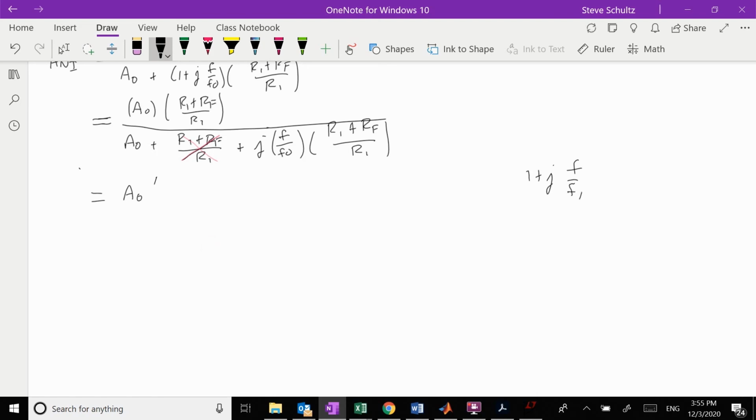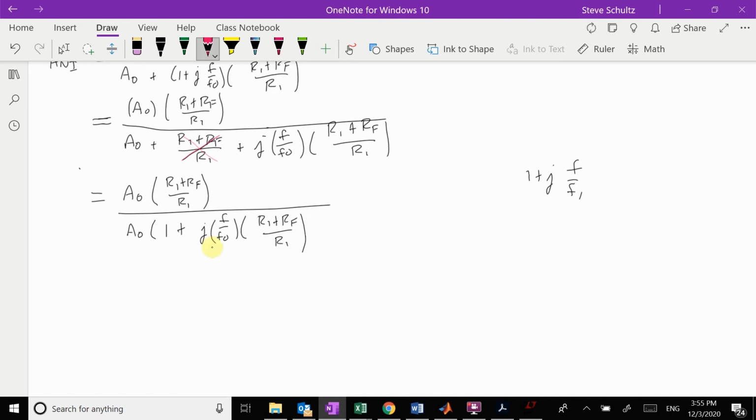So the top becomes this. And then the bottom becomes A0 times 1 plus j, and then we're going to have an f over an f naught, and we're going to have this (R1 plus RF) over R1.